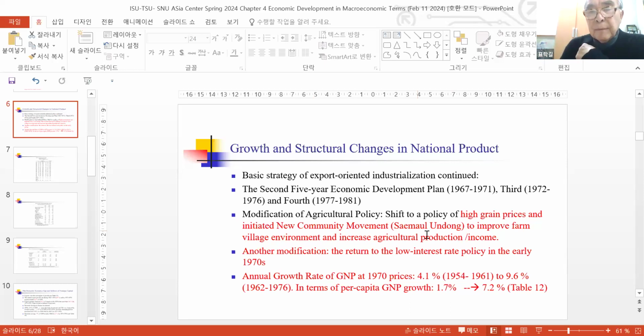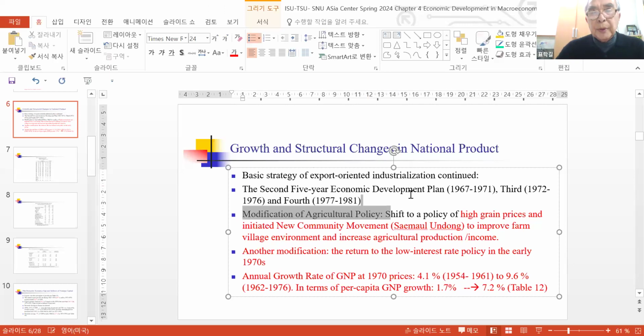This new community movement was staged because President Park was more popular in rural areas than in urban areas. Urban areas were always a stronghold for opposition parties, but rural areas are always conservative, and they were politically more lenient to President Park.